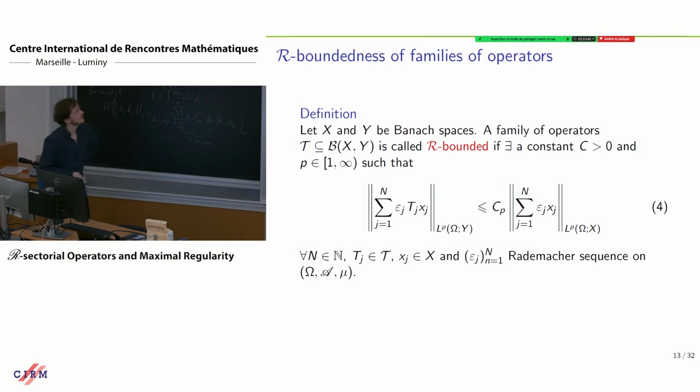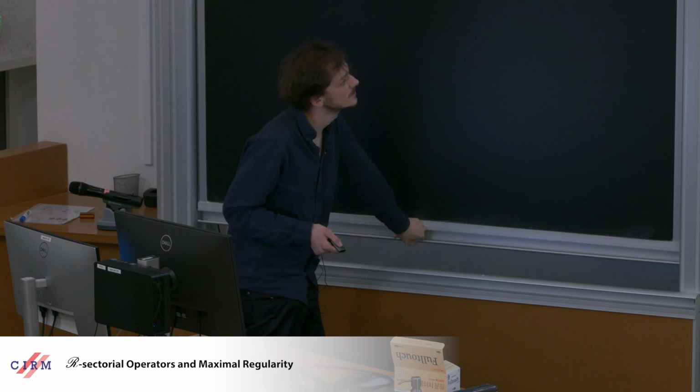So now we'll define R-boundedness. We take two Banach spaces and a family of operators. It's called R-bounded if this inequality holds, which I'll write down on the board because we'll use it later.